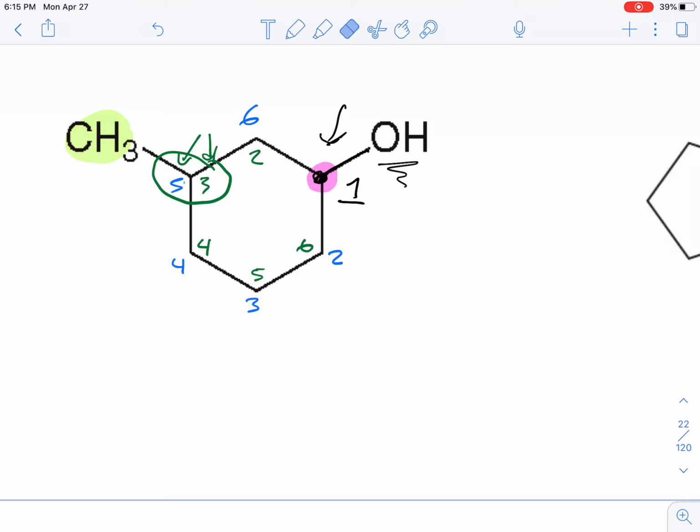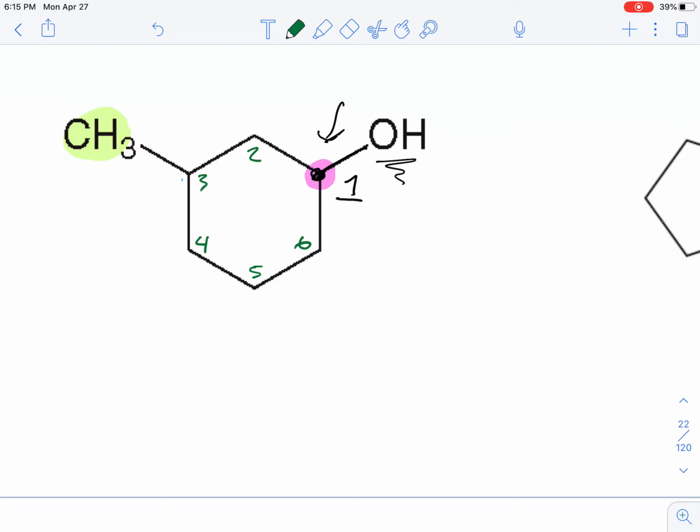And so I'm going to go ahead and erase all of the numbers in blue. This tells me that I have on carbon 3 a methyl group, so I'm going to say 3-methyl.